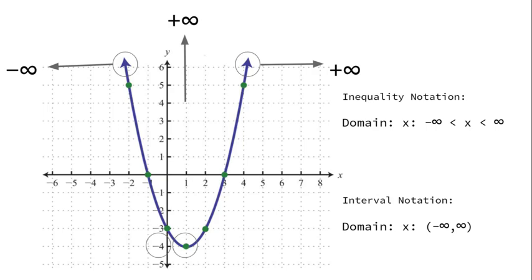Now our graph does touch at -4, so when we use -4 in our range, we do have to say equal to. So -4 is less than or equal to y is less than positive infinity. And then taking that and writing it in interval notation, because our graph is equal to at -4, we will use a bracket, and it is not equal to at infinity, we will use a parenthesis.